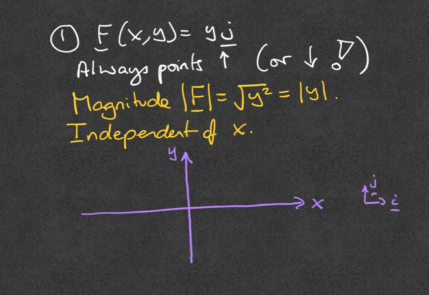If I take a line the same distance below the x-axis, so I draw it here at the same distance below as the line was above, I will have arrows with the same size but pointing straight downwards. So let me just try to draw that.